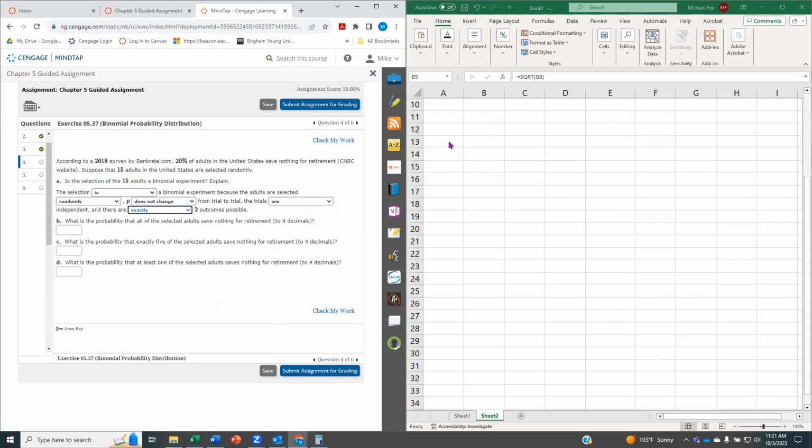So one thing we can do with Excel, if we're not sure how to move forward, we know we have a binomial distribution here. So we can come into Excel and use the function binom.dist. And when we do that, we can see the arguments, or the information, that we're going to have to put into Excel to use the binomial distribution. So we know we're going to need the number of successes, the number of trials, and the probability of success.